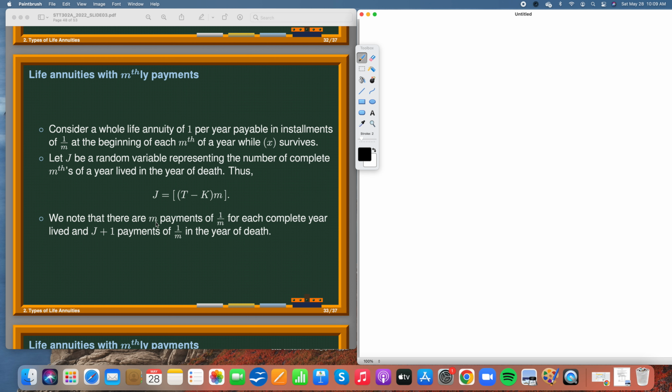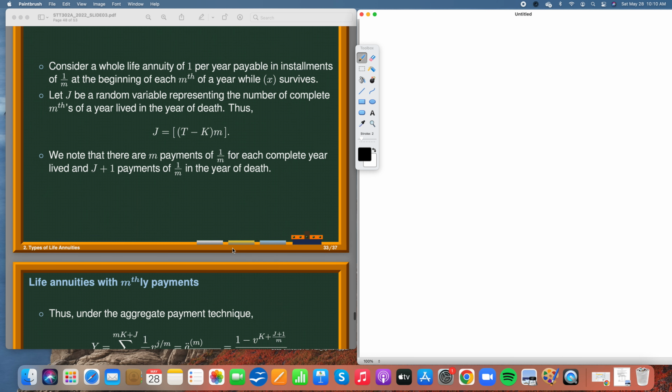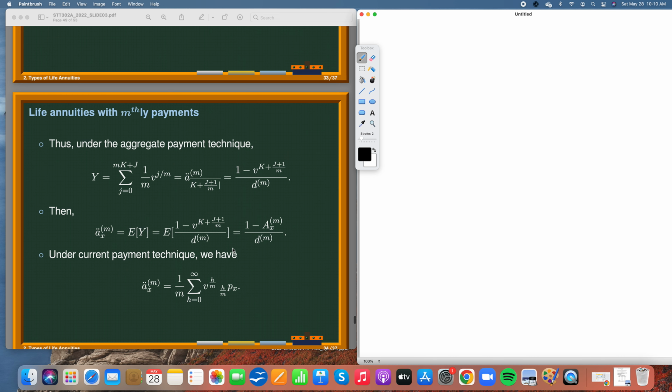So the present value random variable Y, using the aggregate payment technique, would be equal to this summation. It's the sum of 1 over m times v raised to j over m, where j goes from 0 to mK plus J.